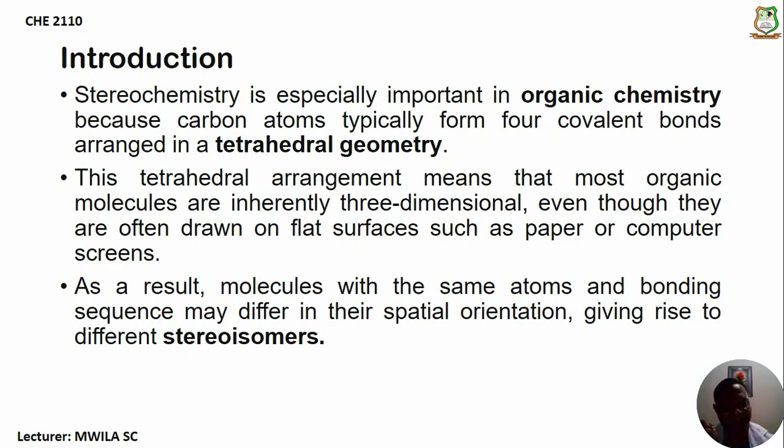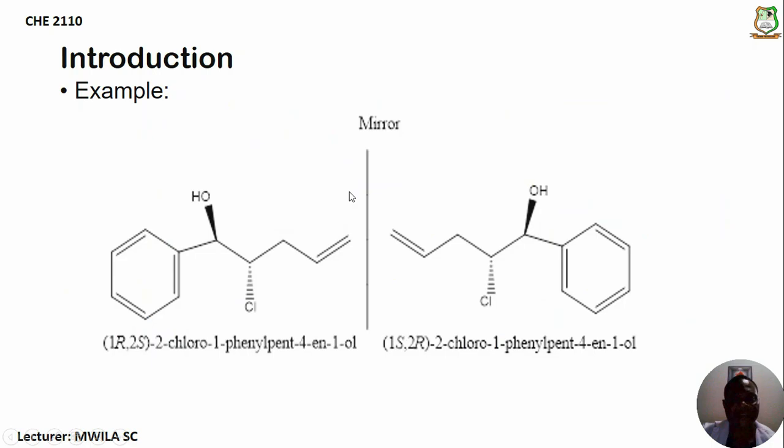So the point that we are emphasizing here is that all these stereoisomers become possible because of the shape that carbon brings in, the tetrahedral geometry when it forms 4 covalent bonds. Okay, so we have given this example to appreciate the different isomers that come about as a result of this tetrahedral shape of carbon.